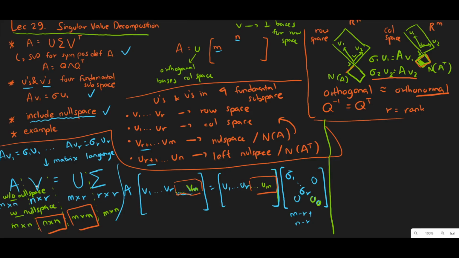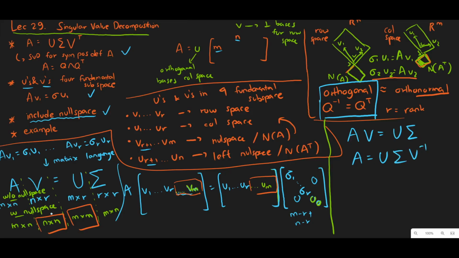And go back to the square things of V and U. So this is where we can implement the shortcut of Q inverse equals Q transpose. Let me tell you why. So let me bring this equation here. So AV now equals U sigma. Then I can bring V to the other side, V inverse.